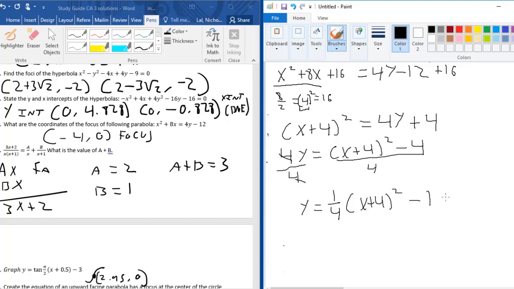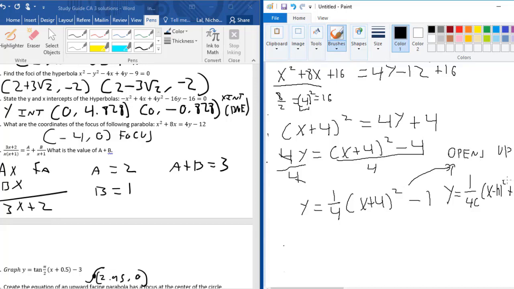Now, this matches the standard form of a parabola, which is y is equal to 1 over 4c times x minus h squared plus k. If c is positive, this is the standard form of an upward facing parabola. So from here, I know that the parabola opens up.